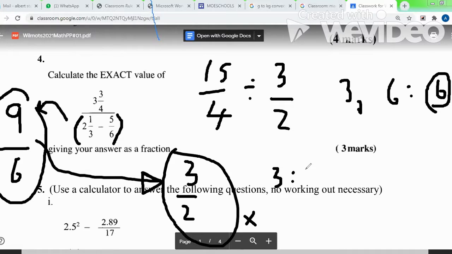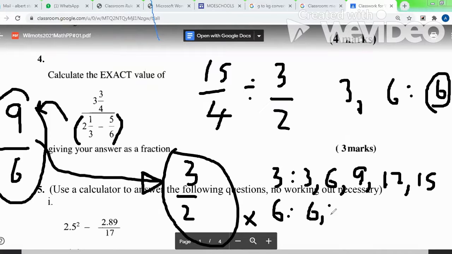The multiples of 3 are 3, 6, 9, 12, 15, etc. And these are the multiples of 6: you keep on adding the number. So you have 6, 12, 18, 24, etc.